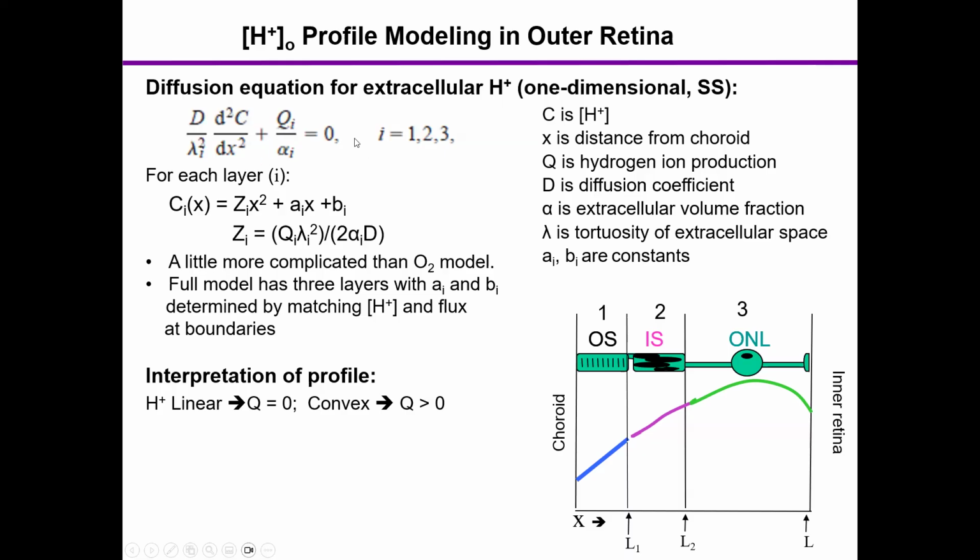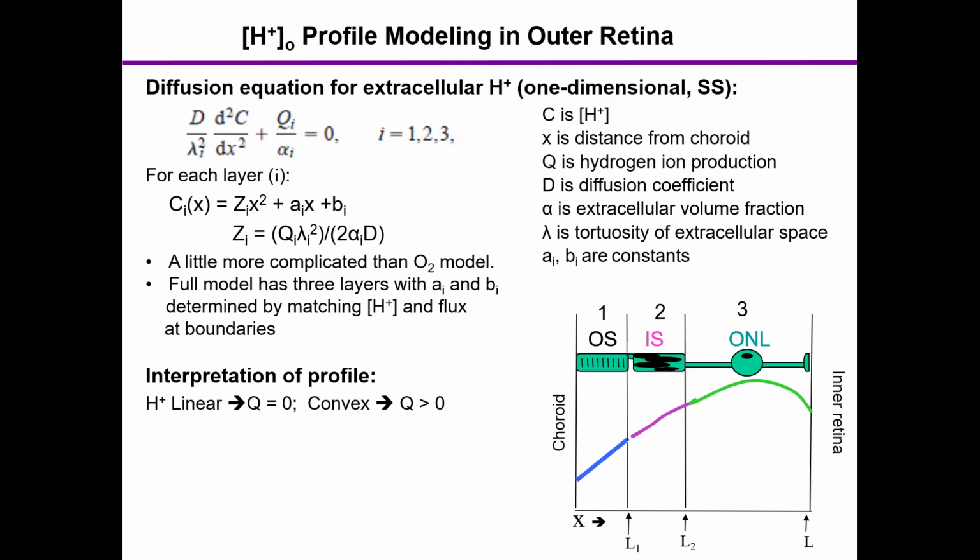The solution for each layer is that the concentration of hydrogen ion is related to a quadratic in distance plus a linear term plus a constant. And that Z factor is what includes the hydrogen ion production.